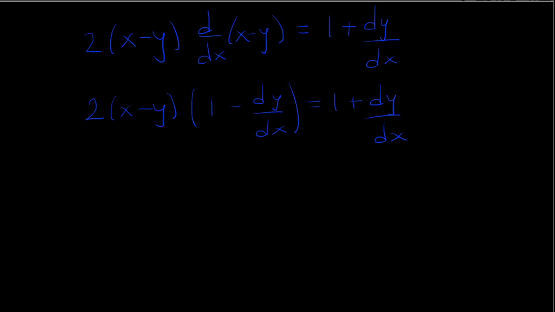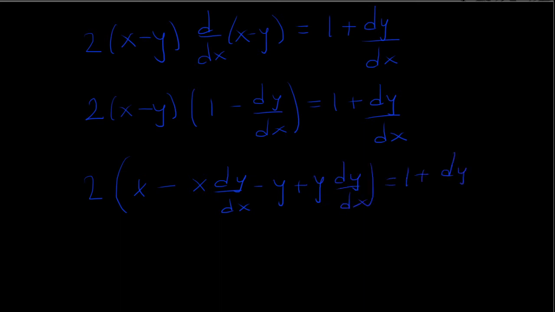This one I'm going to FOIL. So I have 2. And I'm going to FOIL out the x minus y with the 1 minus dy over dx. So I get x minus x times dy over dx minus y plus y times dy over dx is equal to 1 plus dy over dx.